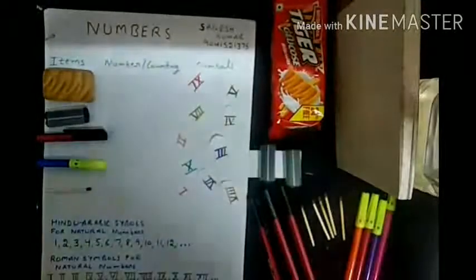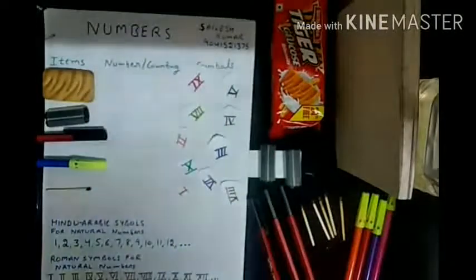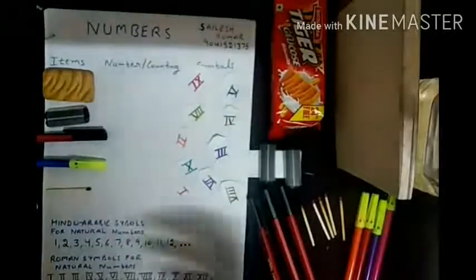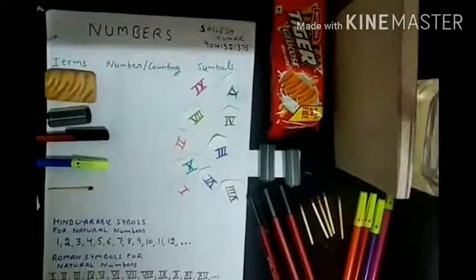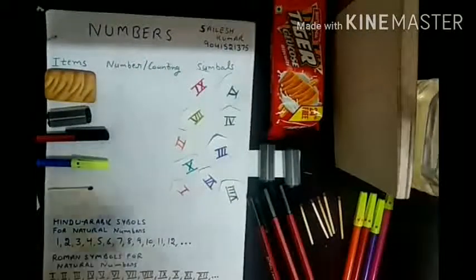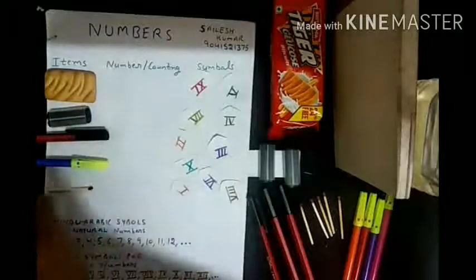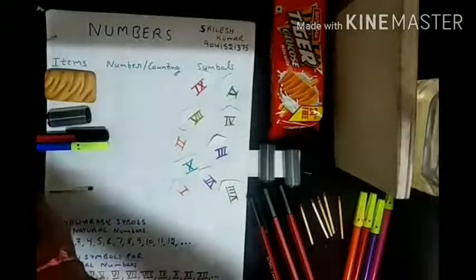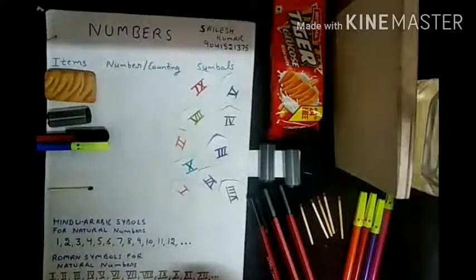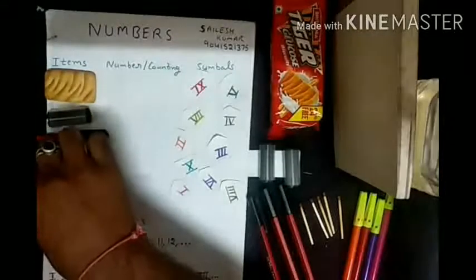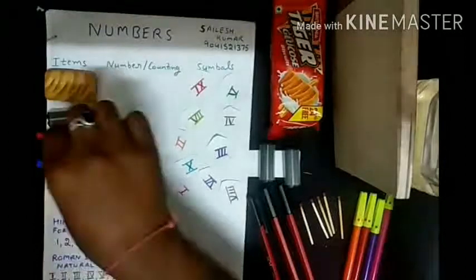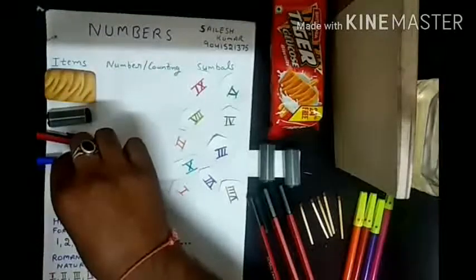Now we will again do the same activity for different types of symbols. You are seeing the symbols here are different from the previous ones. Now for the biscuit, which selection will be done here?